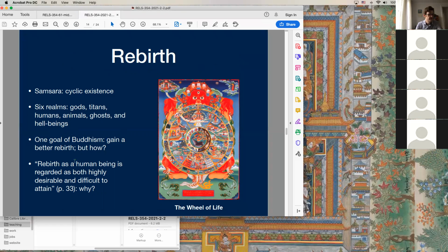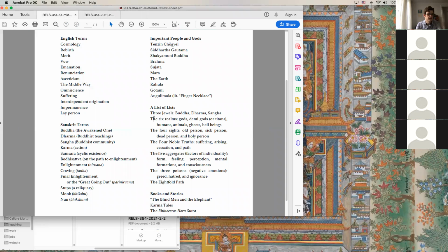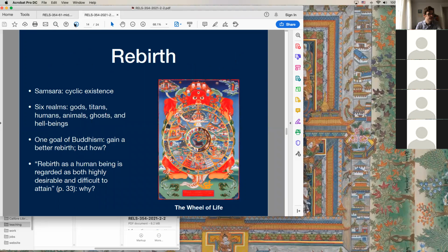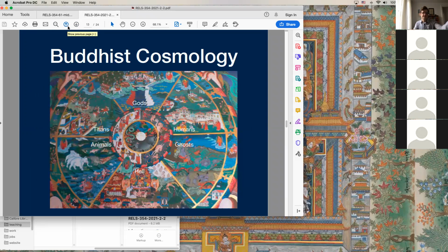And then one that we didn't focus on too much is space. What does space look like for this system? We don't have to talk about space, but I think definitely the beings are important, right? Because those show up here. We've got the six realms, the six kinds of beings. And then we talked about all the different characteristics. So cosmology is just referring to this system, right? What do the Buddhists think about when they think about the universe?